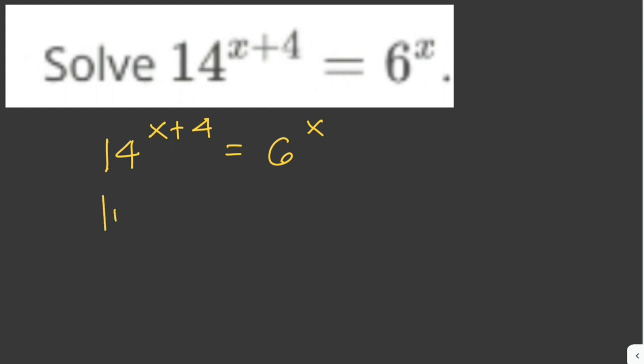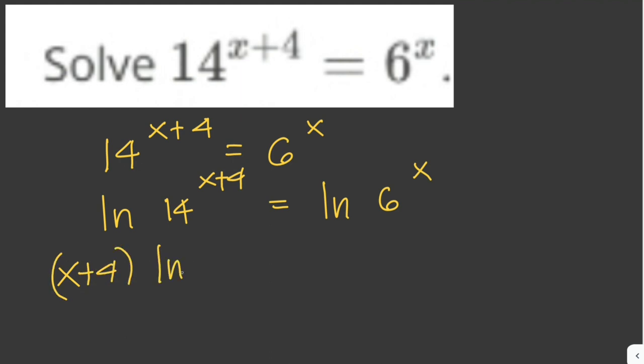So we get the ln of 14 to the x plus 4 equals ln of 6 to the x. By using the natural logarithm property, we can write this as x plus 4 times ln of 14 equals x ln of 6.